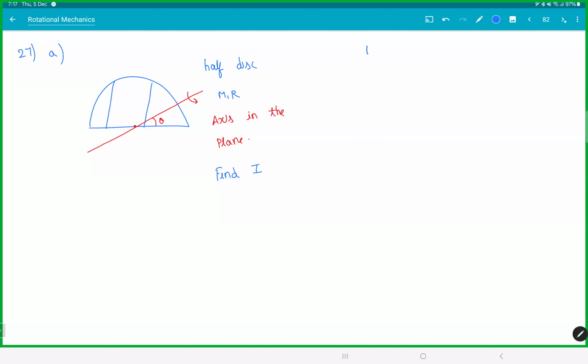Find the moment of inertia. This is the axis. We also have a solid hemisphere, half of it, mass m, radius r, solid hemisphere.